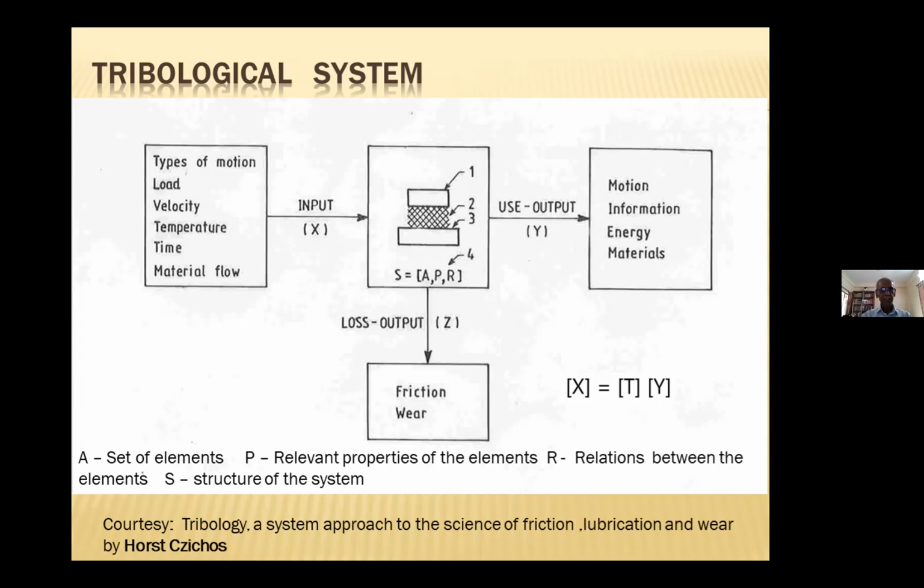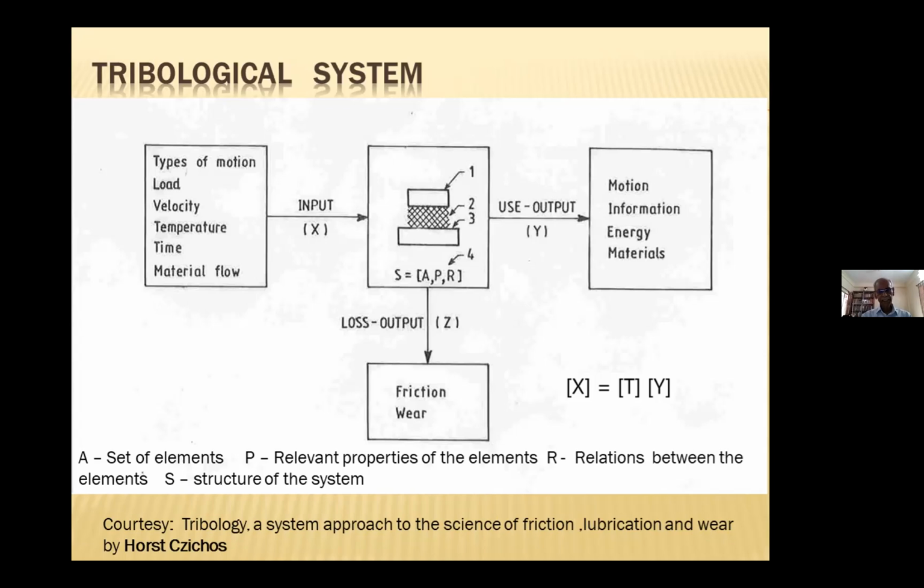In a tribological system, there are some inputs and there are some outputs, useful output, and there are some loss output. Input may be types of motion. We may have a linear motion, rotary motion, circulatory motion, vibratory motion. We may have load, velocity, temperature, time, and material flow. And we have useful output, motion again.